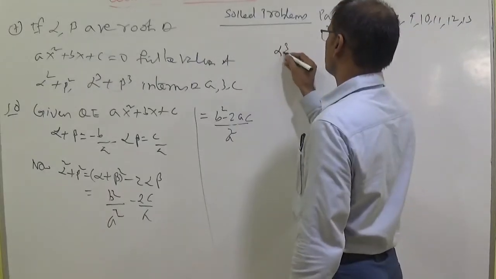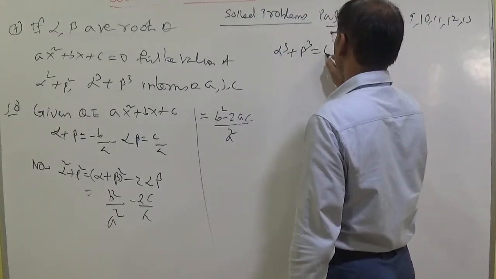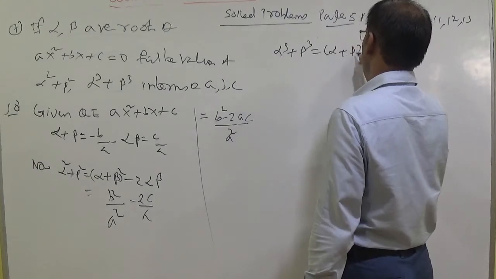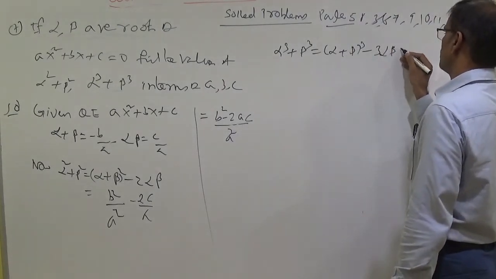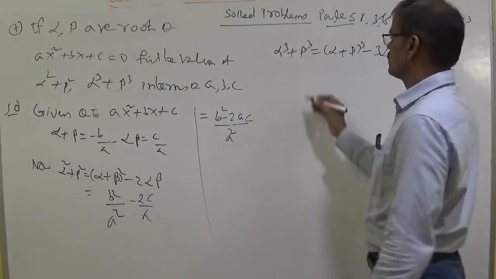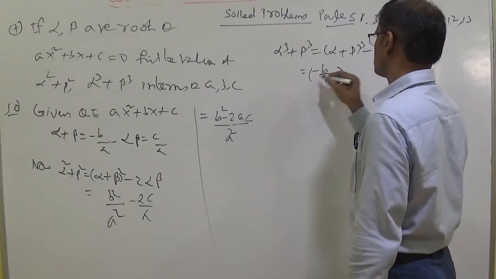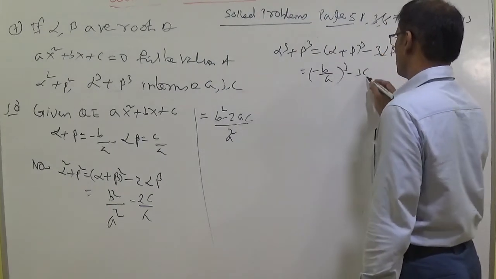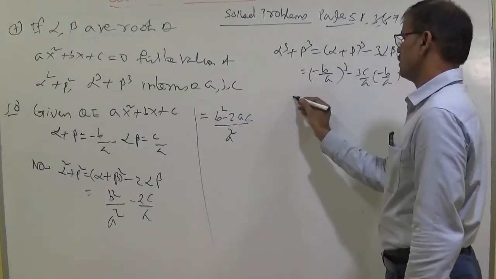And the next one, you should calculate the value of alpha cube plus beta cube. Depending upon the formula, it is alpha plus beta whole cube minus 3 alpha beta into alpha plus beta, that is equal to minus b by a whole cube minus 3 into c by a into minus b by a.